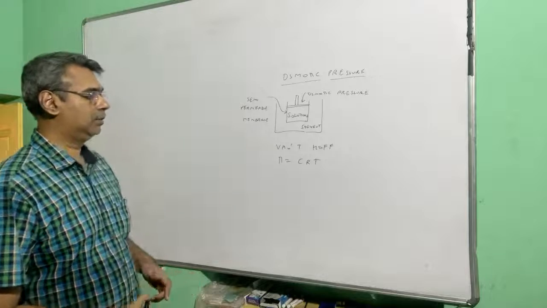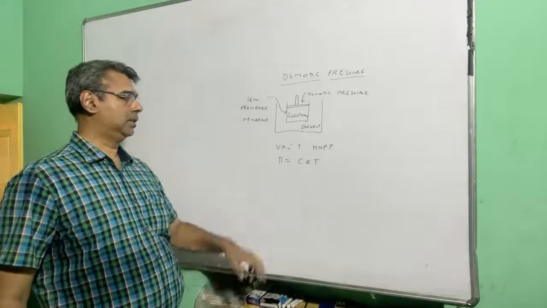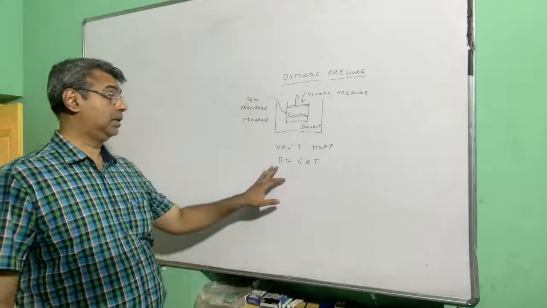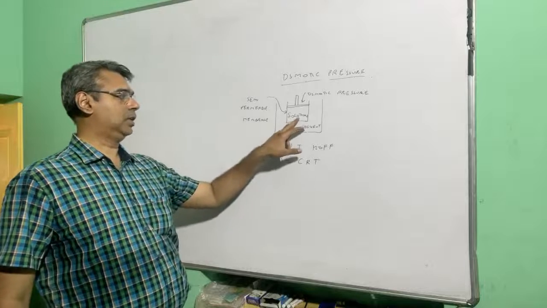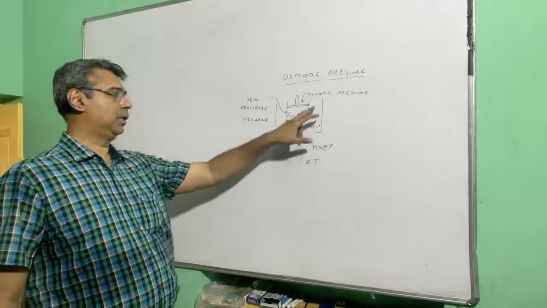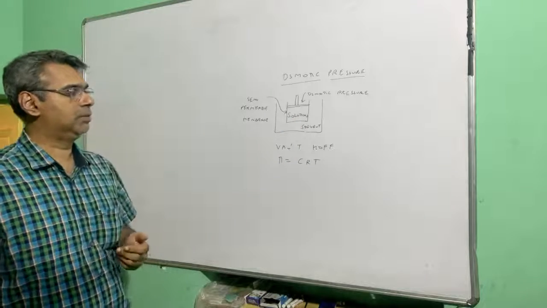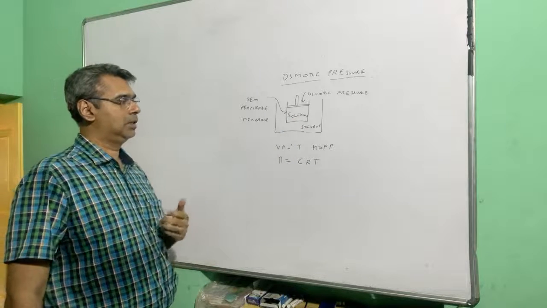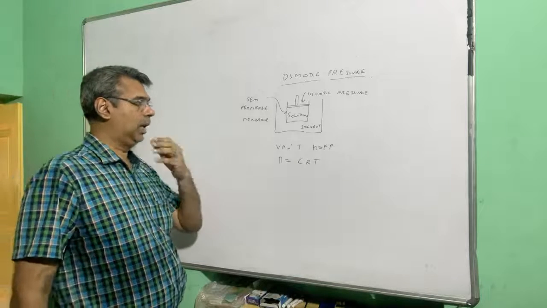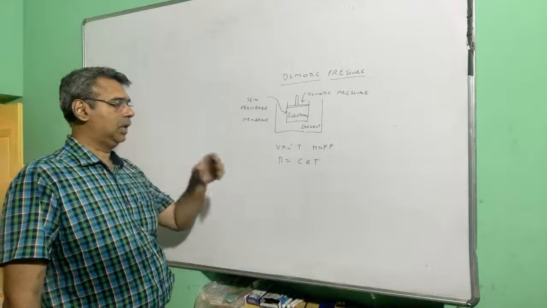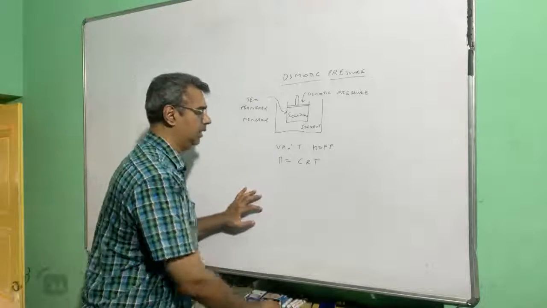According to Van't Hoff, the formula for osmotic pressure, where pi is the symbol for osmotic pressure, is pi equals C into R into T. C is the concentration of the solution, which means moles per liter. R is the ideal gas constant, and T is the Kelvin temperature.